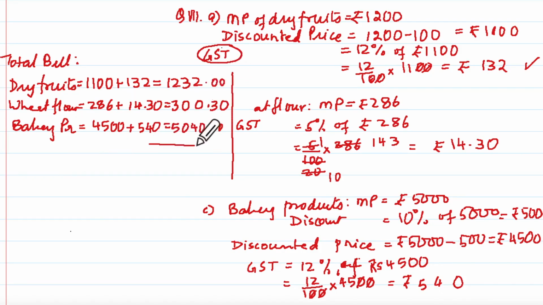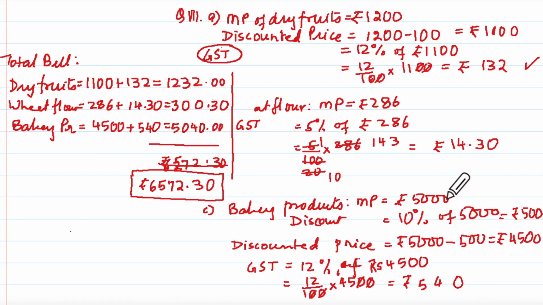Okay, and then a total will be equal to rupees. You know, it's a genuine thing, so we'll have to cancel this 110 here. So this is 450. 450 plus 54. And how much is that? 504.